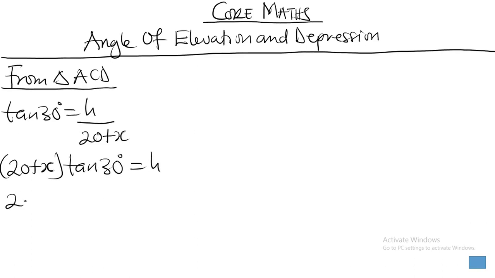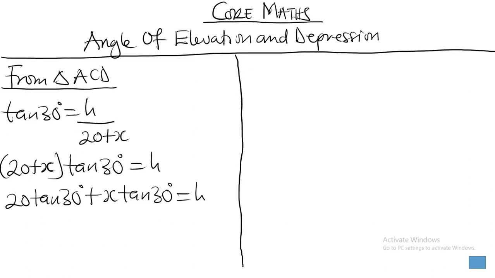H. So expanding, we are going to have 20 tan 30 degrees plus x tan 30 degrees to be equal to H. I hope you are following.